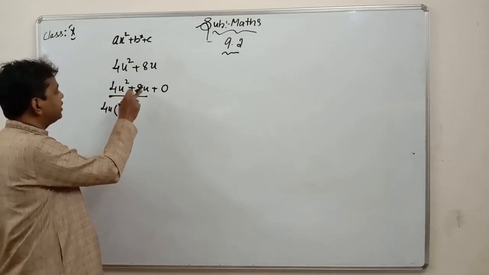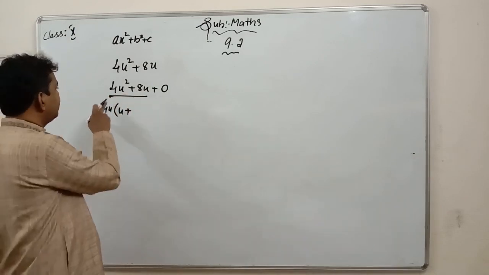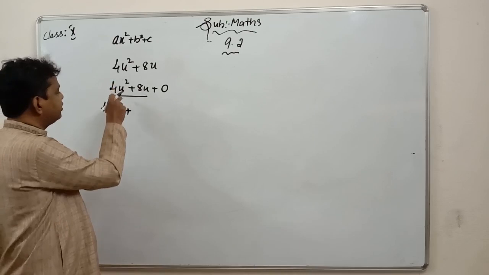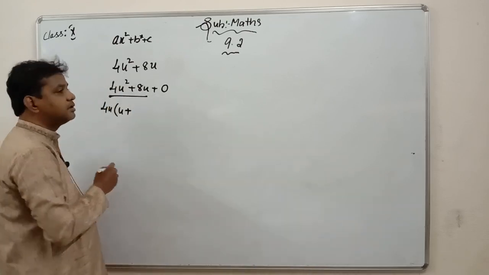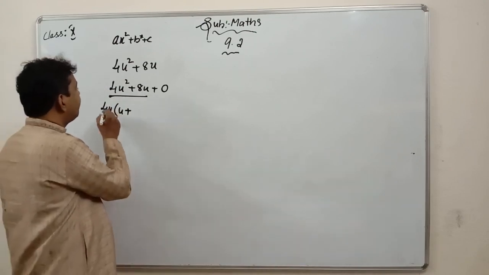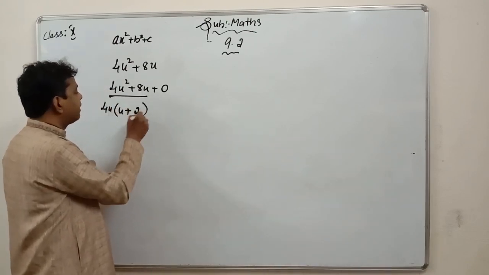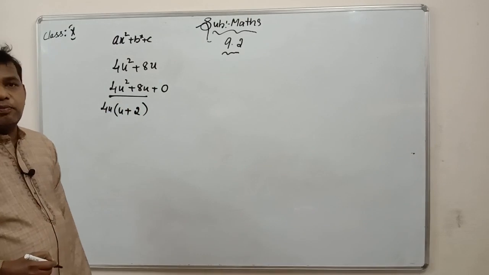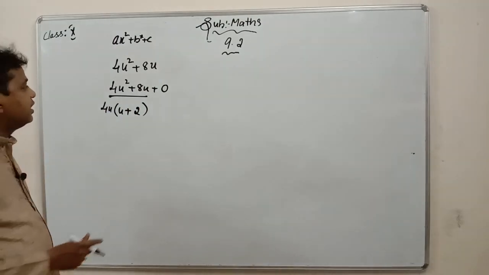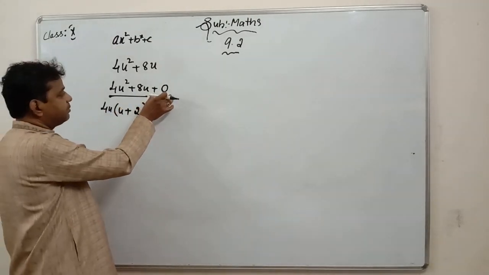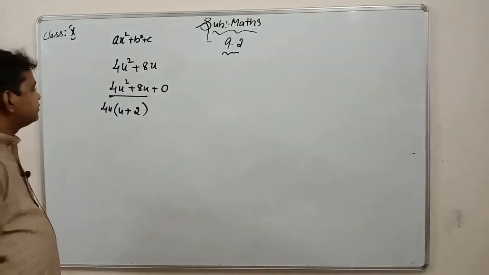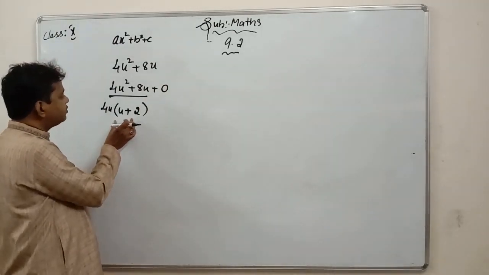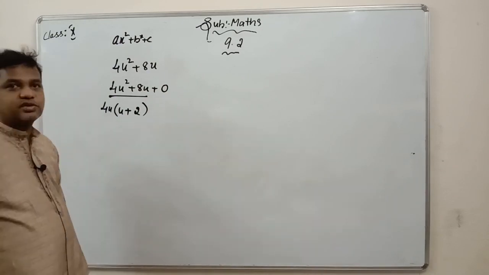I have taken 4u common, then the remaining: 4u into u is 4u square, and 8u becomes 4u into 2. So u plus 2 is there. Got it? Here we cannot go with the splitting method, because 0 is given there. You are just converting it to the general form, and you are writing 4u of u plus 2.